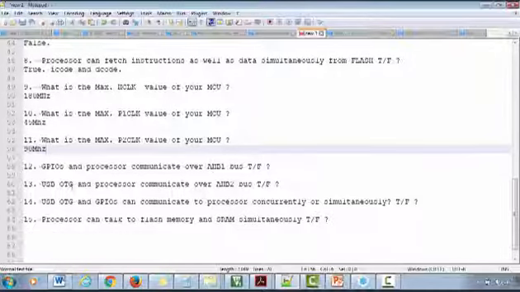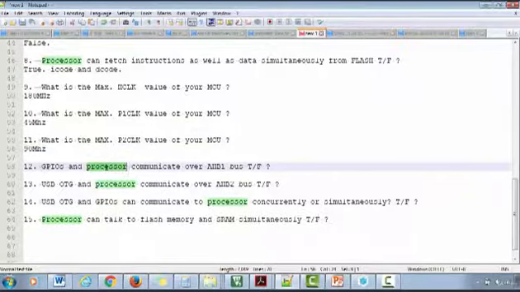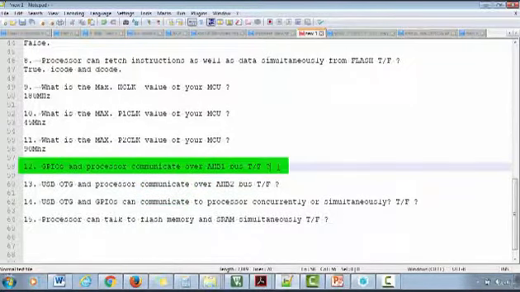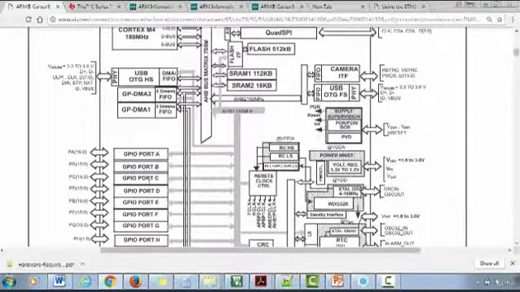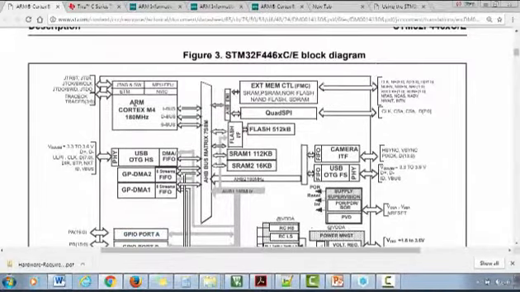Great. So now next question. GPIOs and processor communicate over the AHB1 bus. True or false? So where is your GPIO? This is your GPIO. And where is your processor? This is your processor.